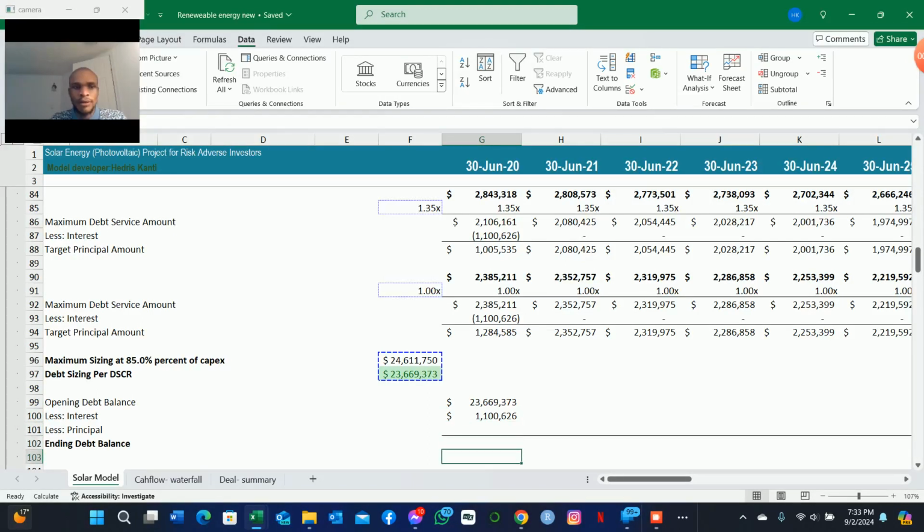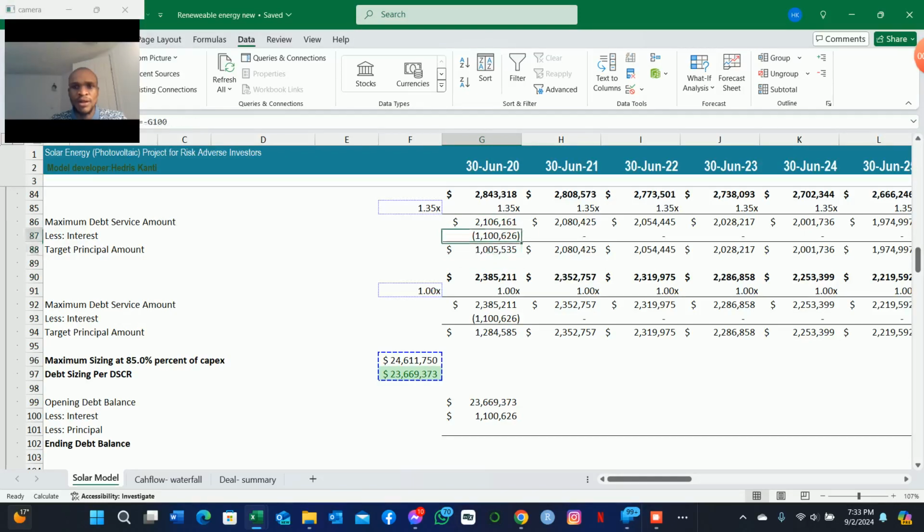So, having calculated the interest, we are now ready to simulate whatever the principal repayments will be. Going forward, we're going to be using two embedded minimum functions here. It's going to be equal to the minimum of the target principal amount, where we already took into account the interest, deducting it from the maximum debt service amount.